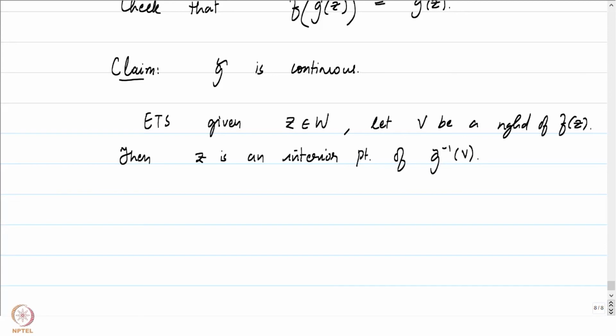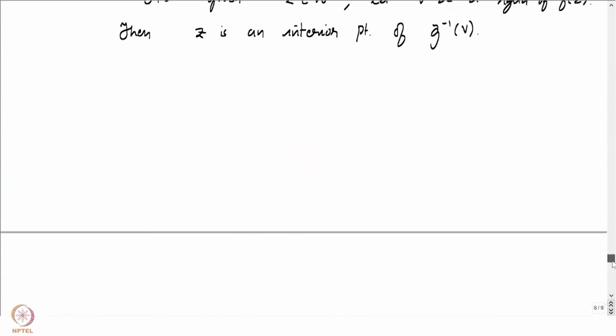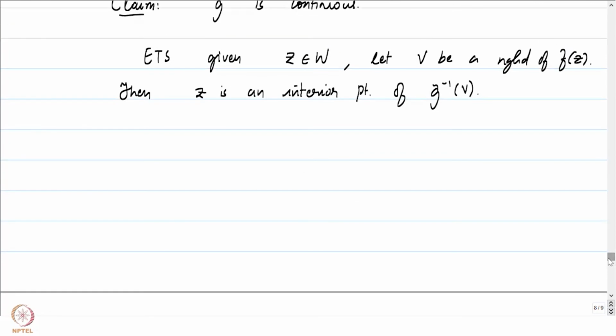So you should sit down and think about it. This is precisely what is needed to be shown. And let's give a proof of this particular claim. The claim is going to use the fact that Z is a locally connected space.